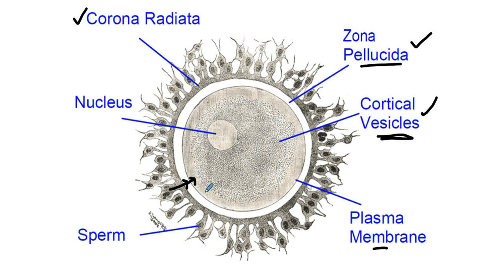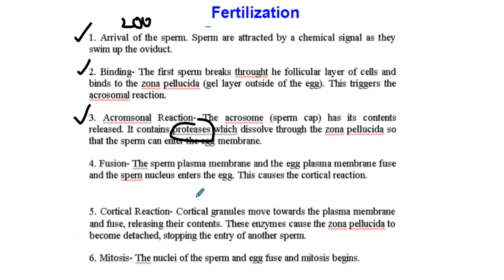So it's the acrosomal reaction which lets it get through that zona pellucida. Once it does that, it releases the chromosomes from the sperm, and that enters into the egg. This causes a fusion of the egg nucleus, its chromosomes, with the sperm's chromosomes, and this triggers what we call the cortical reaction. So let's go back there again.